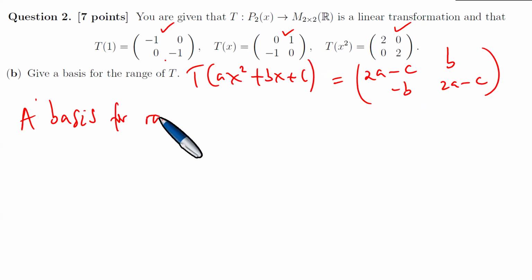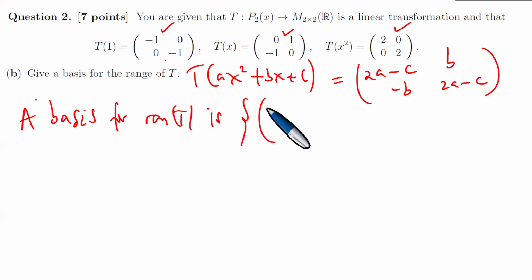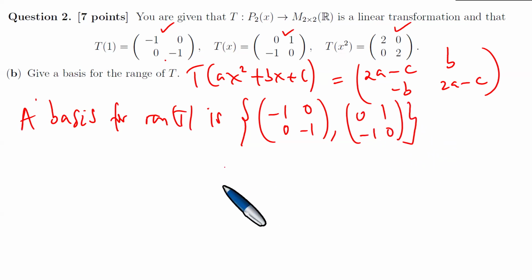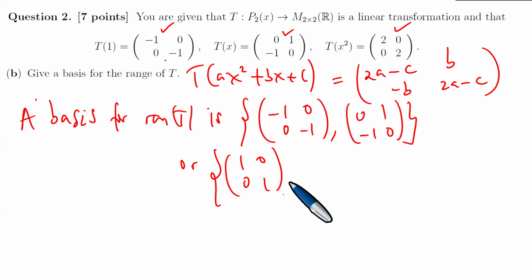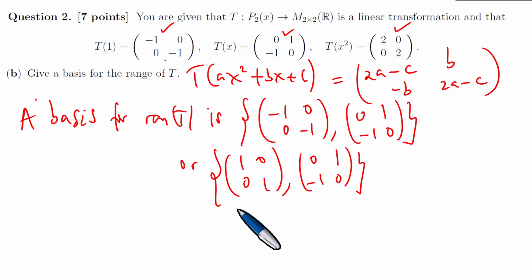A basis for the range of T, you can take -1, 0, 0, -1, and also 0, 1, -1, 0. Or you can take 1, 0, 0, 1, and 0, 1, -1, 0. You throw this one away because it's the same; you just multiplied this by 2. So that would be a basis for the range.